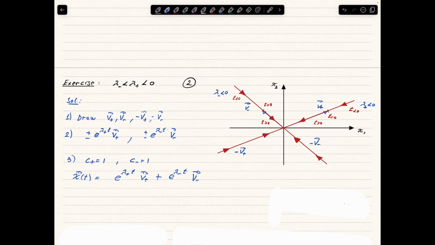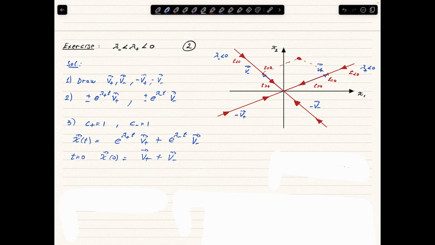And we plot it at t equals 0. The solution at 0 is going to be v plus plus v minus, like we did before. So we are going to be more or less in the same place we were before, more or less here.